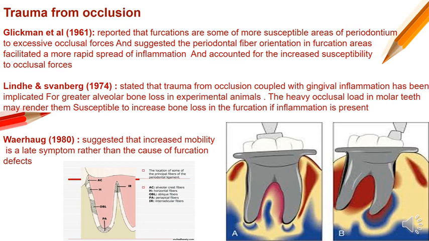According to Waerhaug in 1980, increased mobility is only a late symptom rather than a cause of the furcation defect. So he didn't give attention to trauma from occlusion as a factor in furcation involvement.